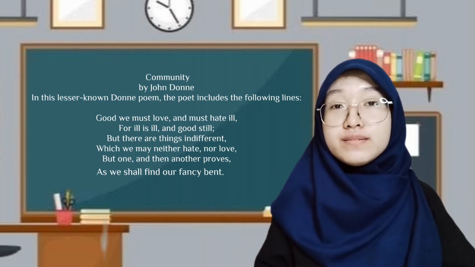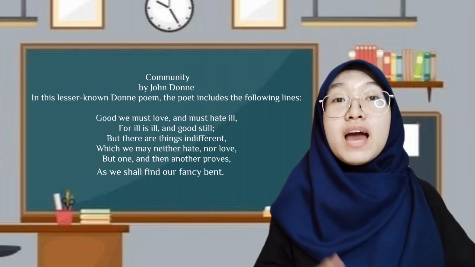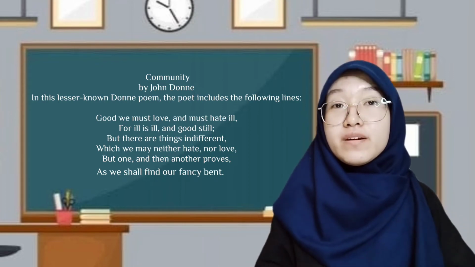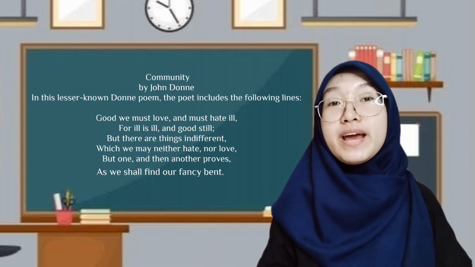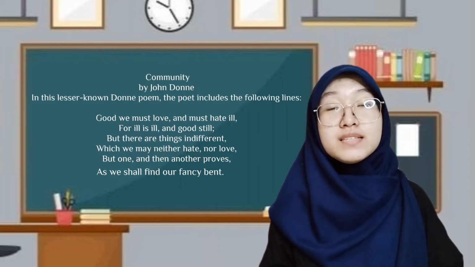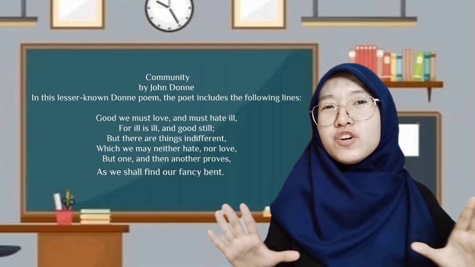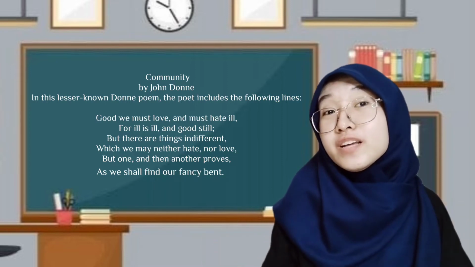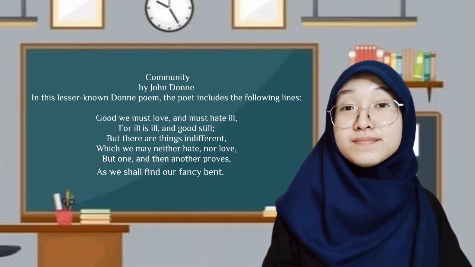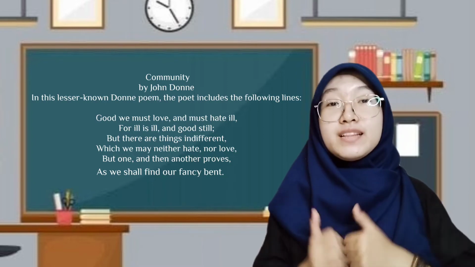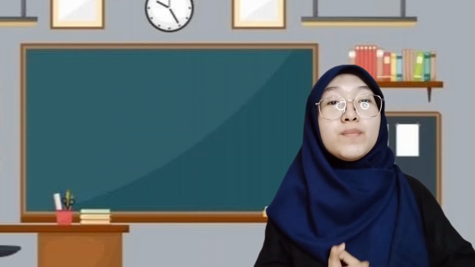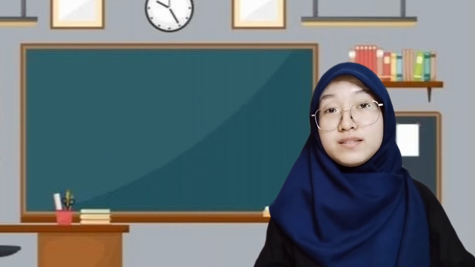He goes on, stating that, in contrast, it is a matter of choice whether one hates or loves the things indifferent. So far, is my explanation clear to all of you? Alright, good. Now we move to the litotes.